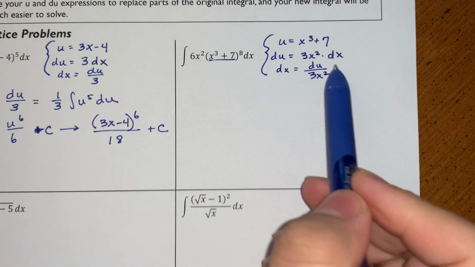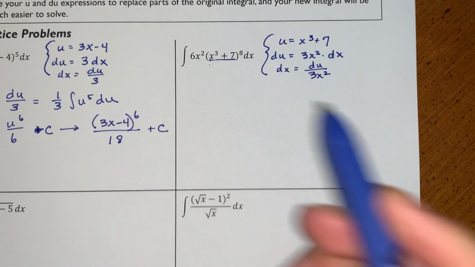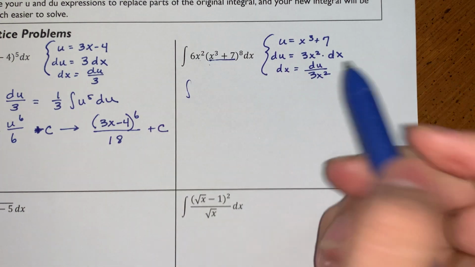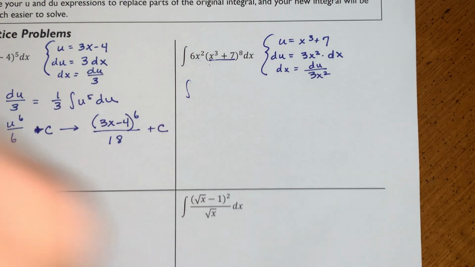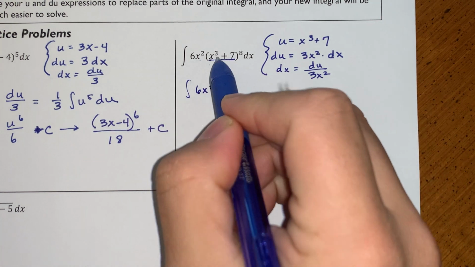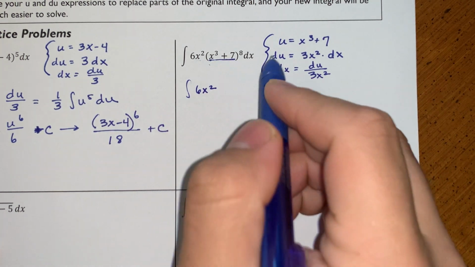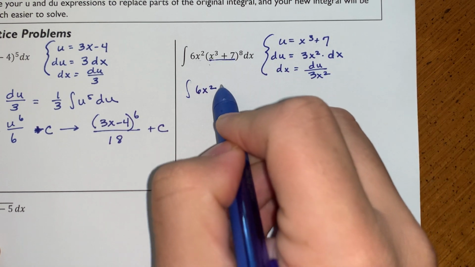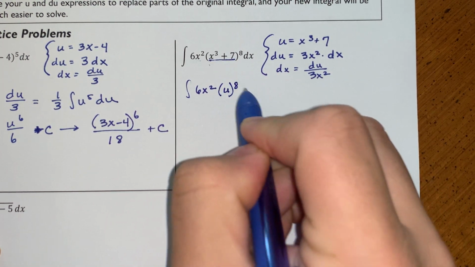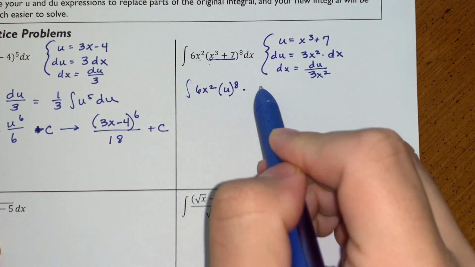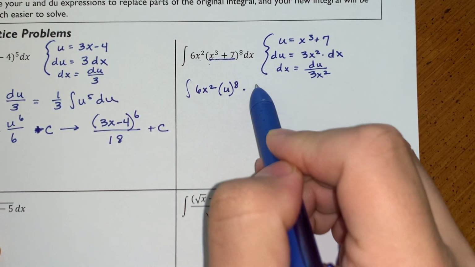And now we're going to do all of our substitutions into the original integral. So I have 6x squared there. I can't really substitute anything into that, so I'm going to leave it as 6x squared. Then I have x cubed plus 7 to the 8th power. I know that x cubed plus 7 we established as u, so I'm going to write that as u to the 8th power instead. And then dx is equal to du over 3x squared, so I'm just going to write that in there.